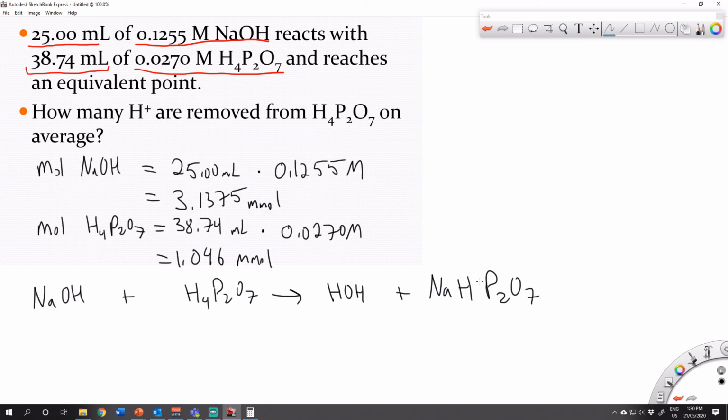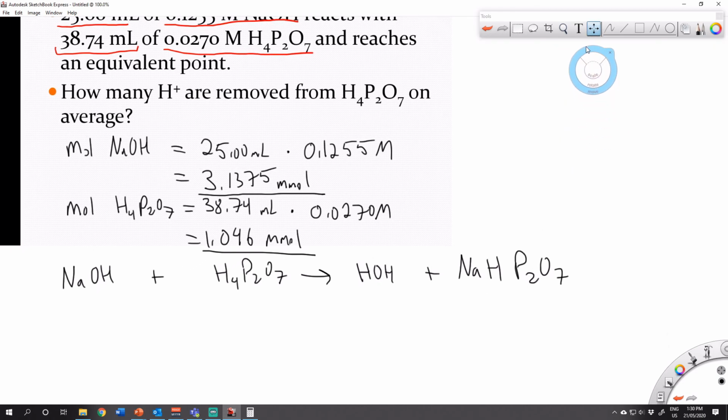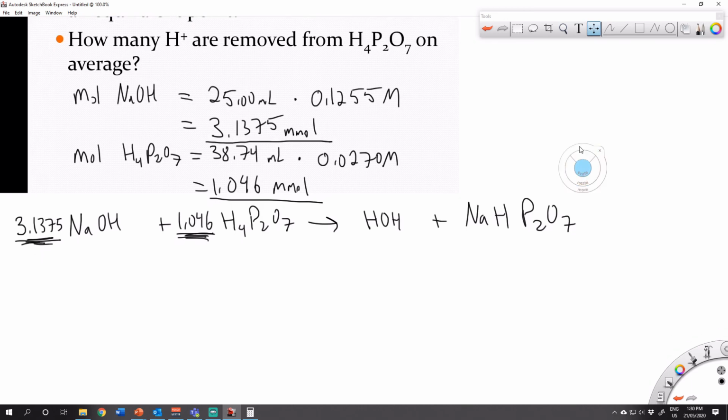But what we're really interested in is the ratio of sodium hydroxide to H4P2O7. If I put the numbers in, 3.1375 and 1.046, it looks very close to a 3-to-1 ratio. Within reason, we can say it probably is a 3-to-1 ratio, because we can set up the ratio also like this.